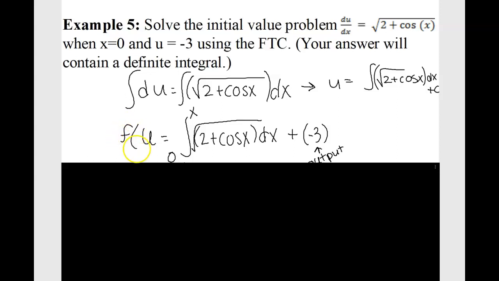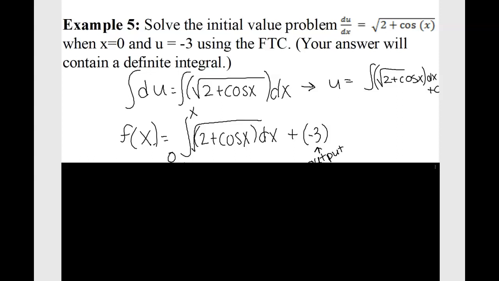So really, this is f of not u anymore, but f of x to match my upper bound. But remember, f of x is really the same as u, because u is the function, or the y value. F of x is function notation for a y value.